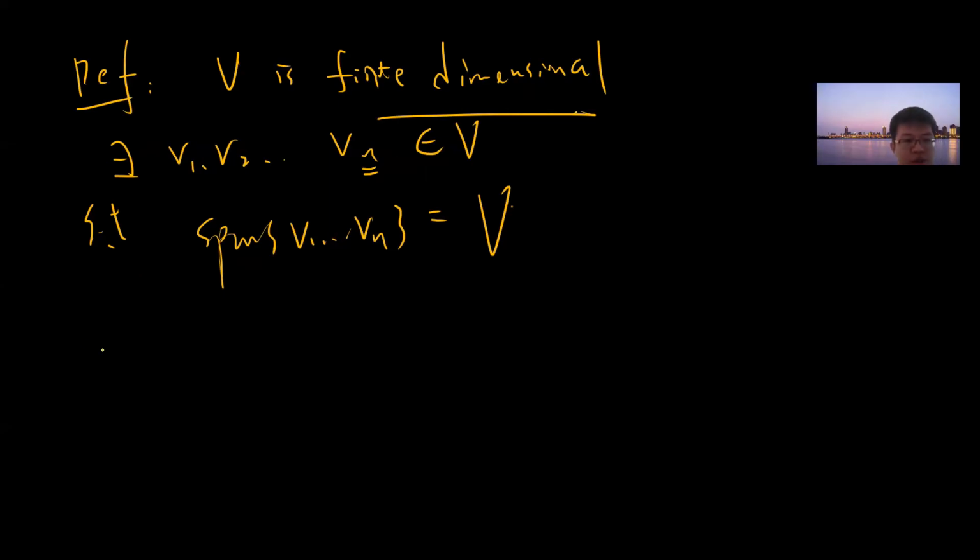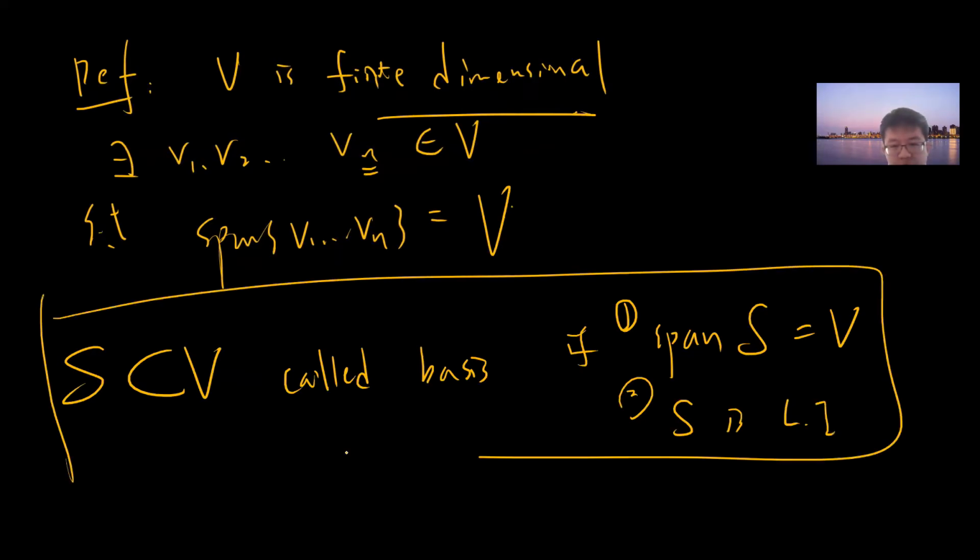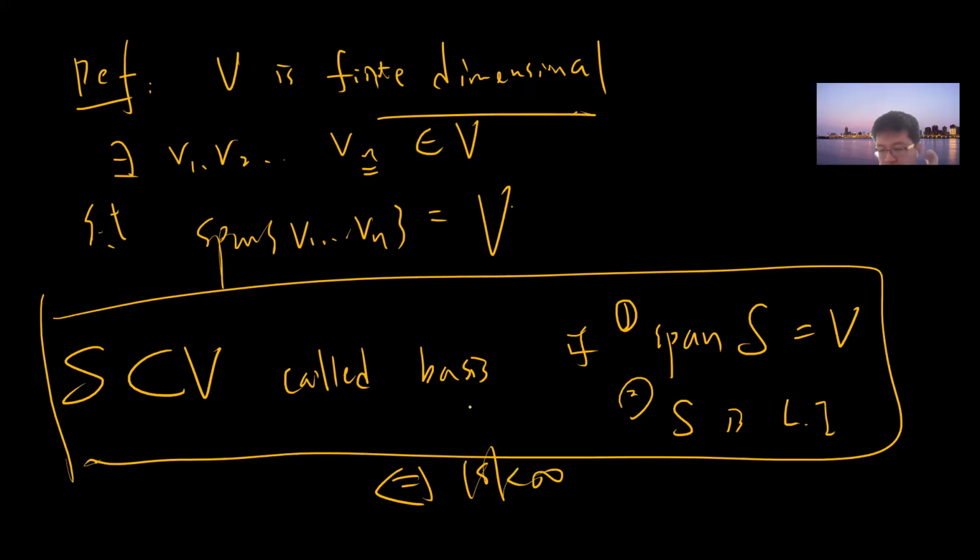So a subset S of V is called a basis if, first, it spans V, and second, S is linearly independent. So if V is finite dimensional, it means that S is finite. You can easily check that these two are equivalent.